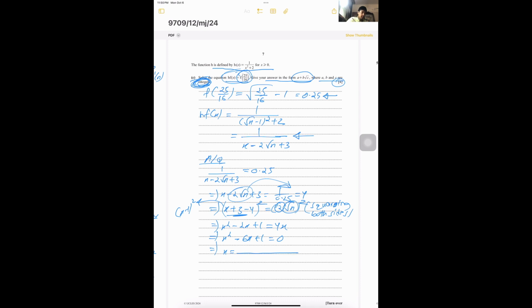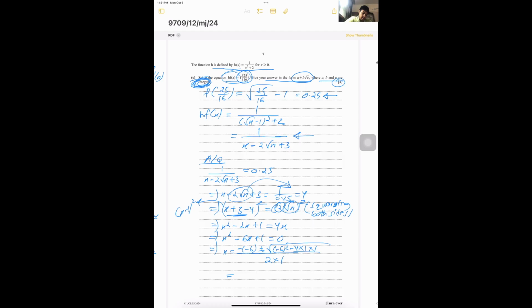Finally x is equal to, we will use the quadratic formula, which is minus b plus minus root of b square minus 4 into a into c by 2 into 1, which is equal to 6 plus root of 36 minus 4 by 2.